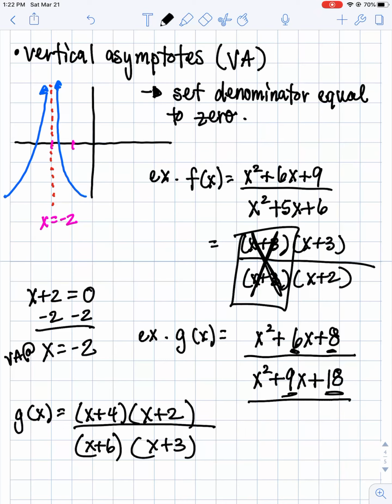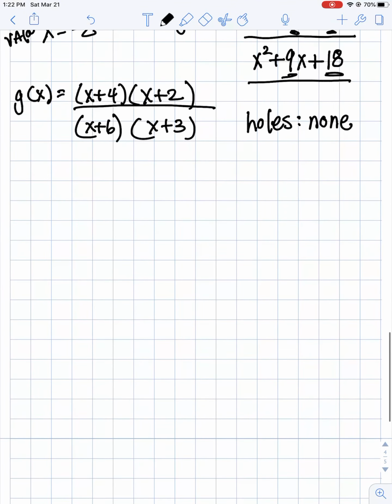If you take a look at this, guys, the same factor is not located in both the numerator and the denominator. And so if I was asking you for holes, you would say holes, none. There are no holes because no factor is located in both the numerator and the denominator. So vertical asymptotes still exist because vertical asymptotes occur when you set the denominator equal to 0.